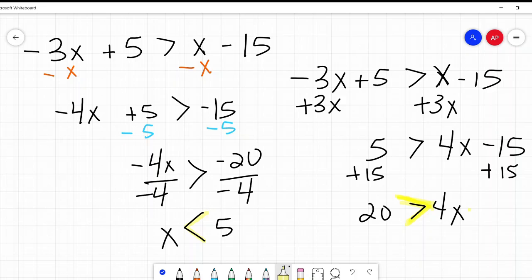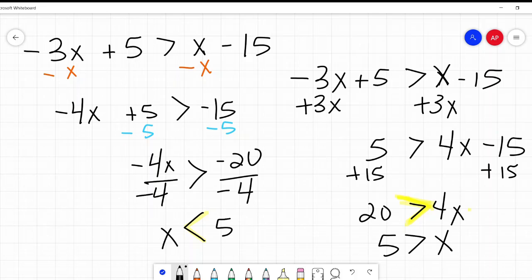Well, over here, before we reversed it, the big mouth of the alligator was pointing towards the x. Because I've moved the x to make it positive, I moved it to the other side of the greater than symbol. So now it's showing that 5 is greater than x, or x is less than 5.